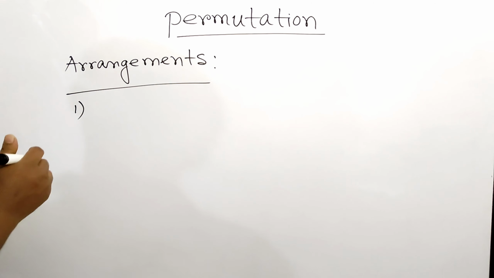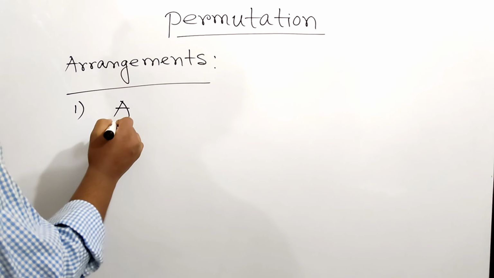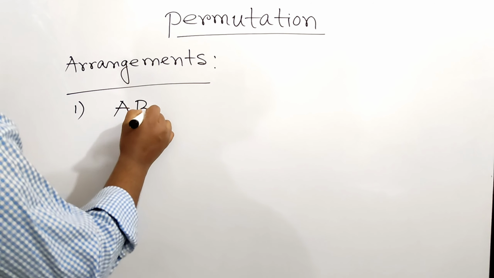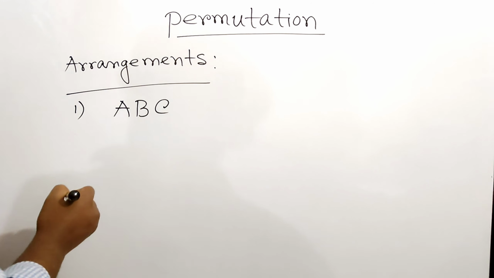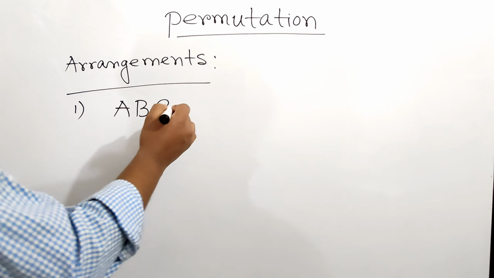Okay, number 1, for example, if the question asks you how many ways you can arrange 3 letters A, B and C. So how many ways can you do this?